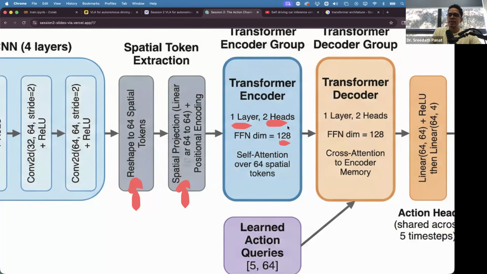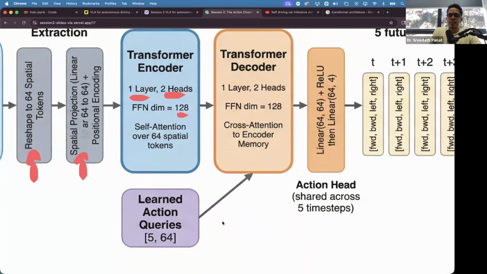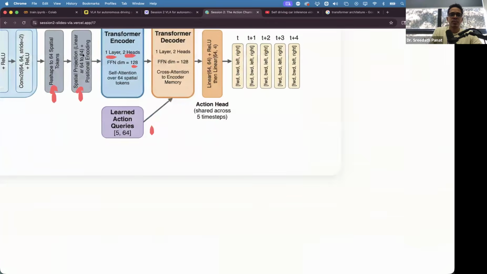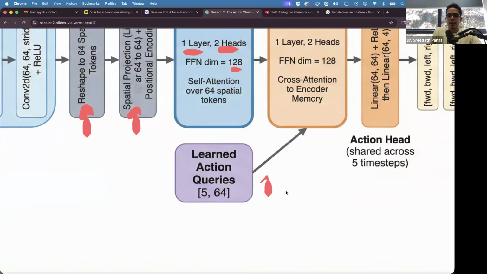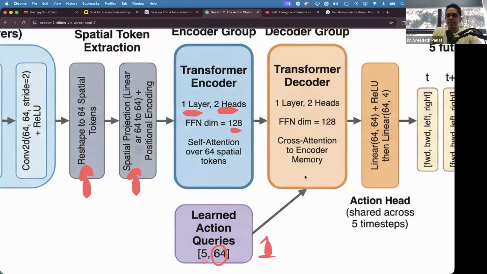So this is self-attention, which takes care of attending to all the 64 spatial tokens. Then we have the transformer decoder. This is now the input number 1: the 5 action queries, each of them 64 dimensional. They will first undergo self-attention, then cross-attention with these 64 context vectors coming out of the transformer encoder.